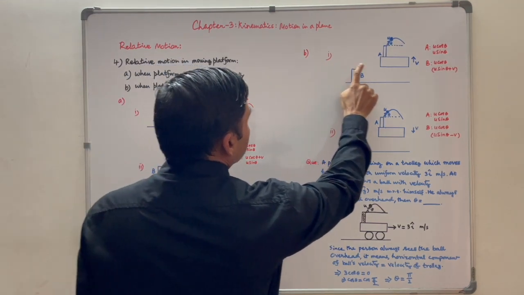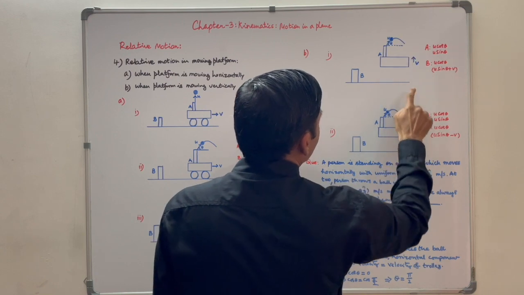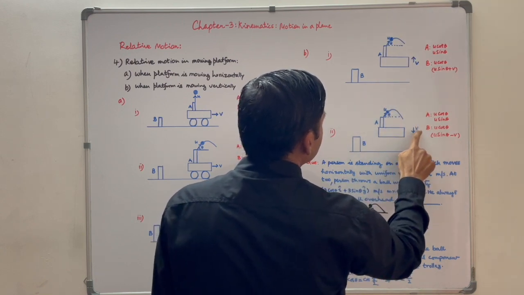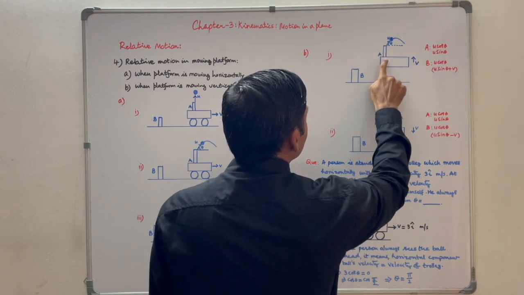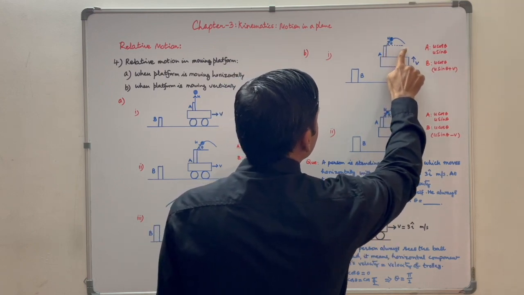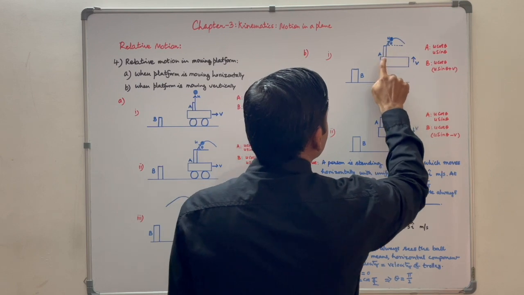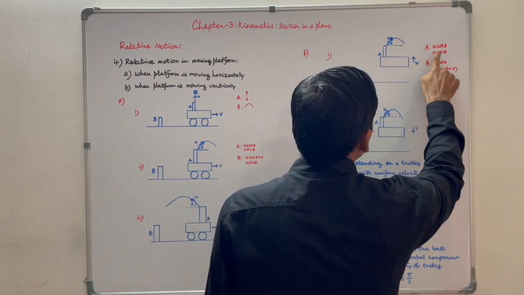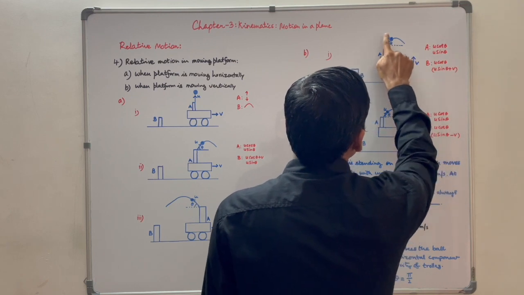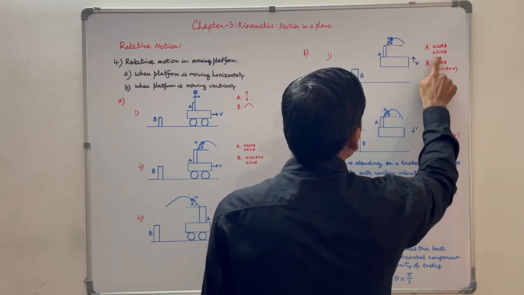Second case, when the platform is moving vertically up or vertically down with uniform speed v. In both cases, suppose person A throws the ball at an angle theta with the horizontal. Then, for A, the horizontal component of the ball's velocity will be u cos theta and the vertical component will be u sin theta.